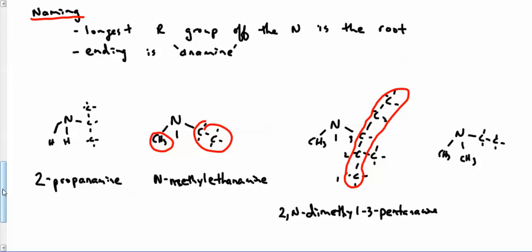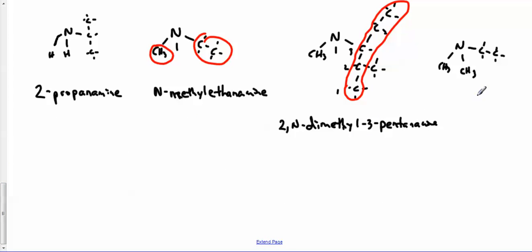And then one more example, I've got this guy up here. I'll just put the name down here. I've got an ethyl group, a methyl group, and a methyl group. So my root's going to be ethanamine.